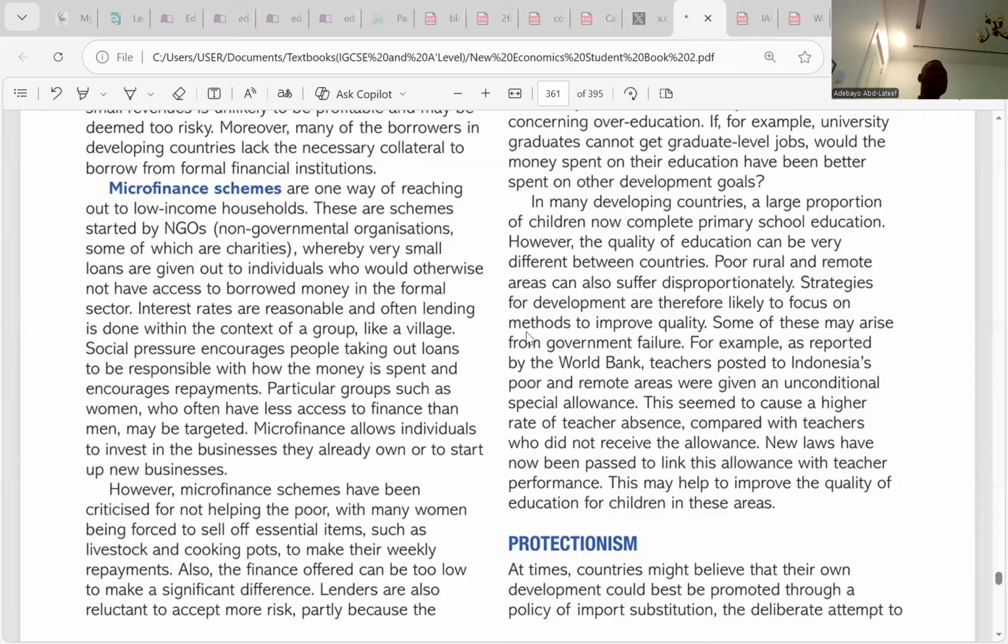So with microfinance schemes, accessibility to money increases, which simply means a lot of individuals, a lot of smaller businesses who might not otherwise have access to finance, can start growing their businesses, which increases output, which would later increase development. I think it's clear.